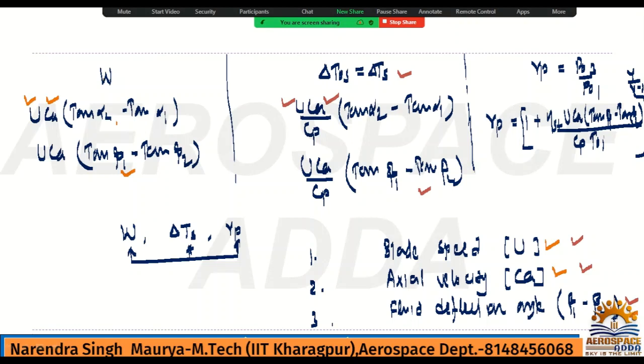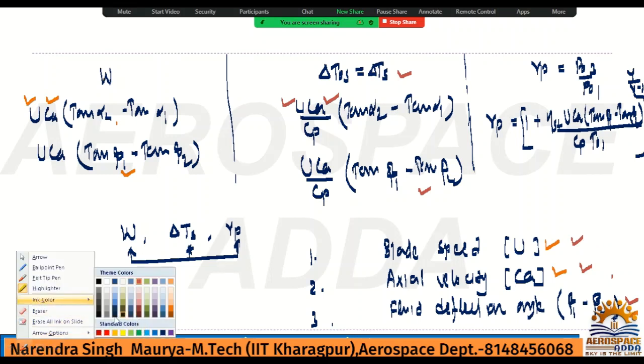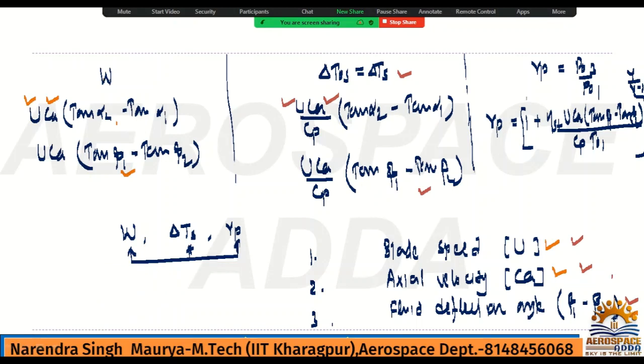See here also, if you are increasing U and CA, check this RP here also has U and CA. So this is common for all three. If you increase all these values, you will get a good result. So this is the optimization of the compressor. If they say optimize the compressor, optimize means what?